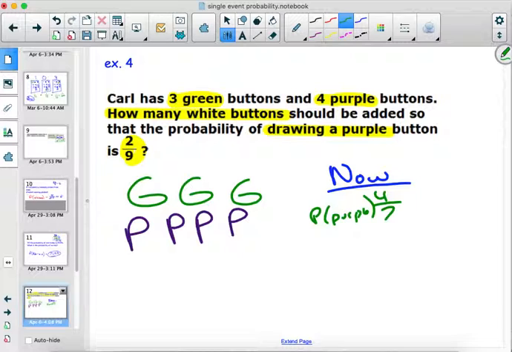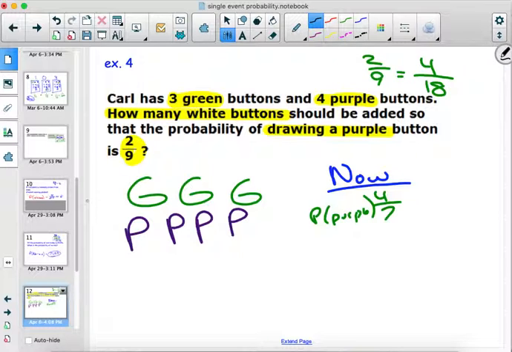No. So you guys start adding white to get the probability to come down. Here's a hint. What's a fraction equivalent to 2 nines? Yes. And look, 4 purple matches up. So really, we just want to keep adding white buttons until we get to a total of 18.